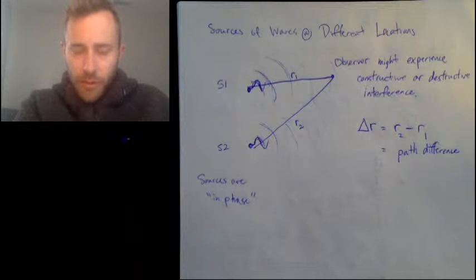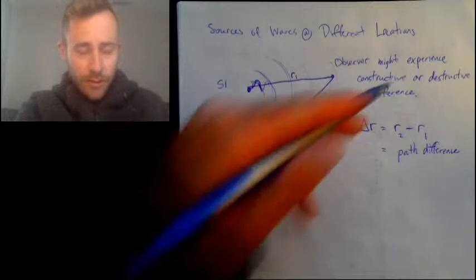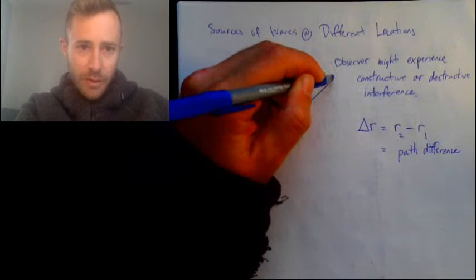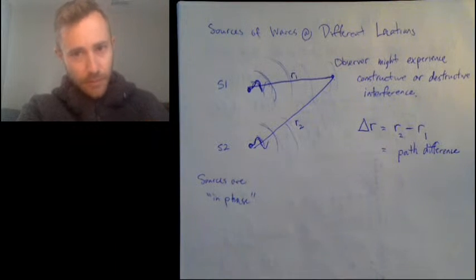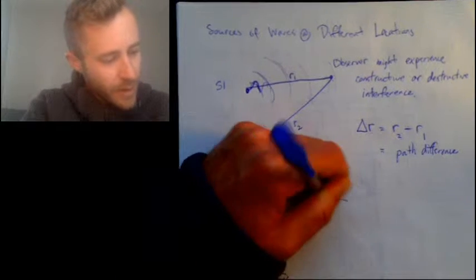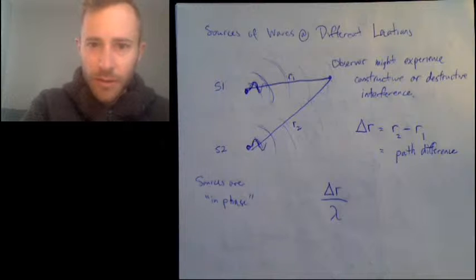If we want to predict whether we have constructive or destructive interference right here, what we do is we look at the path difference and we divide it by the wavelength.